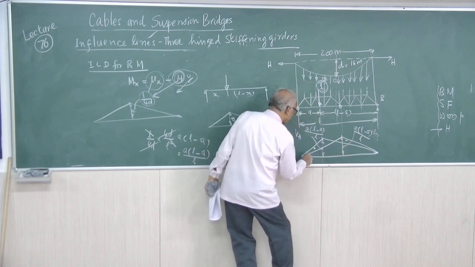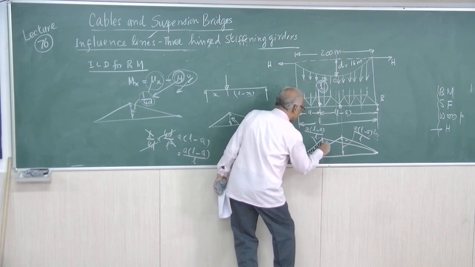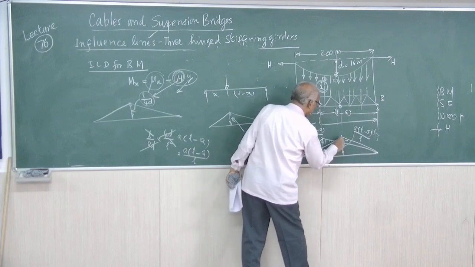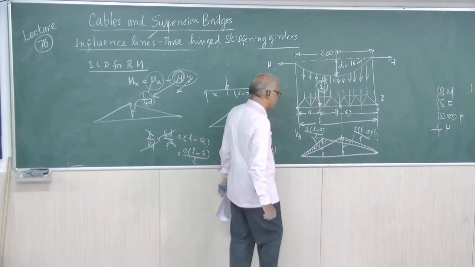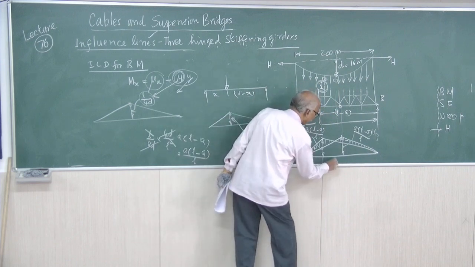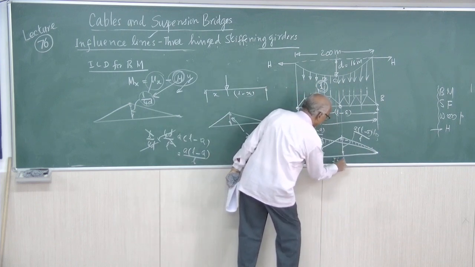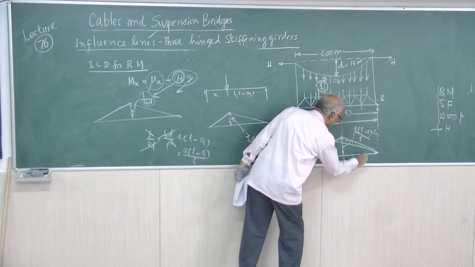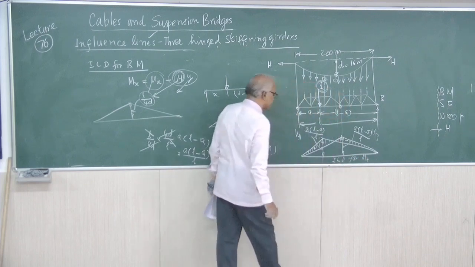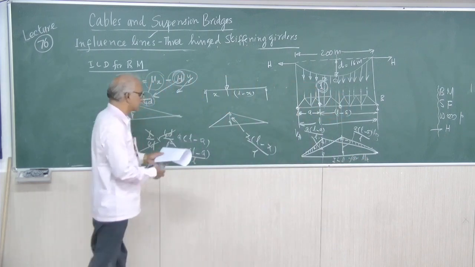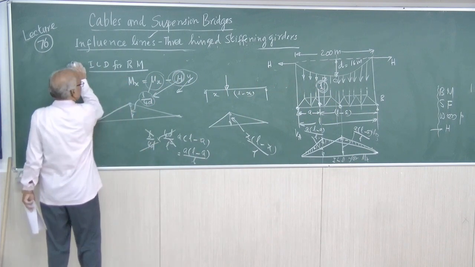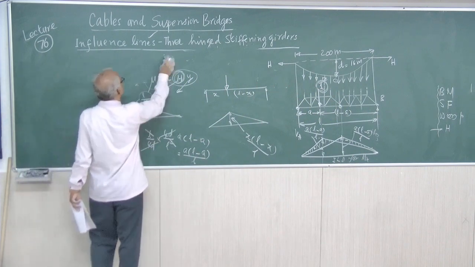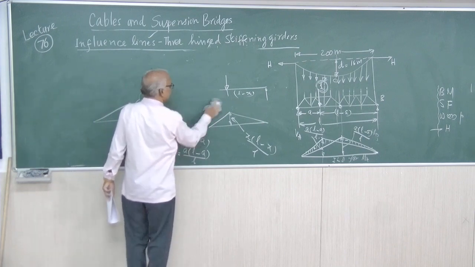So this is your net diagram. This is the influence line diagram for bending moment in a three-hinged stiffening girder. So this is ILD for Mx, the influence line for bending moment at a section x.